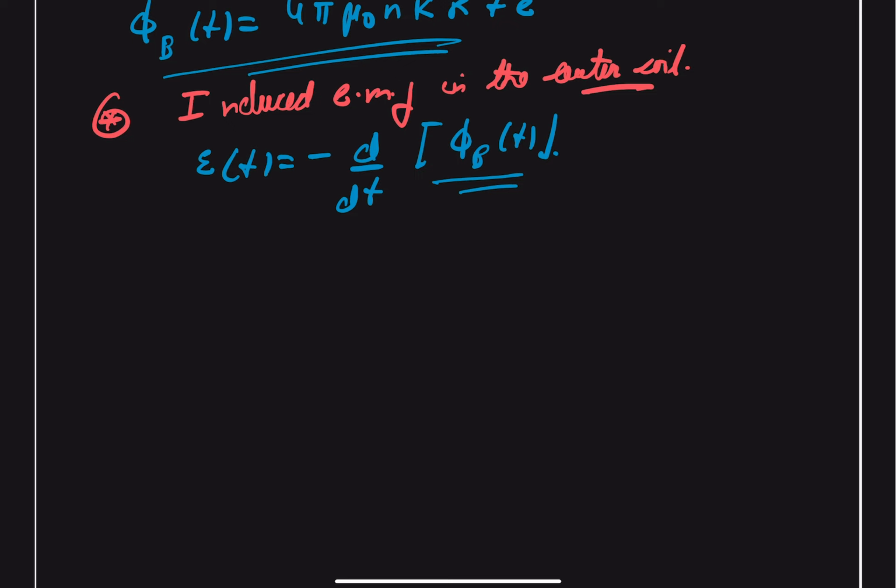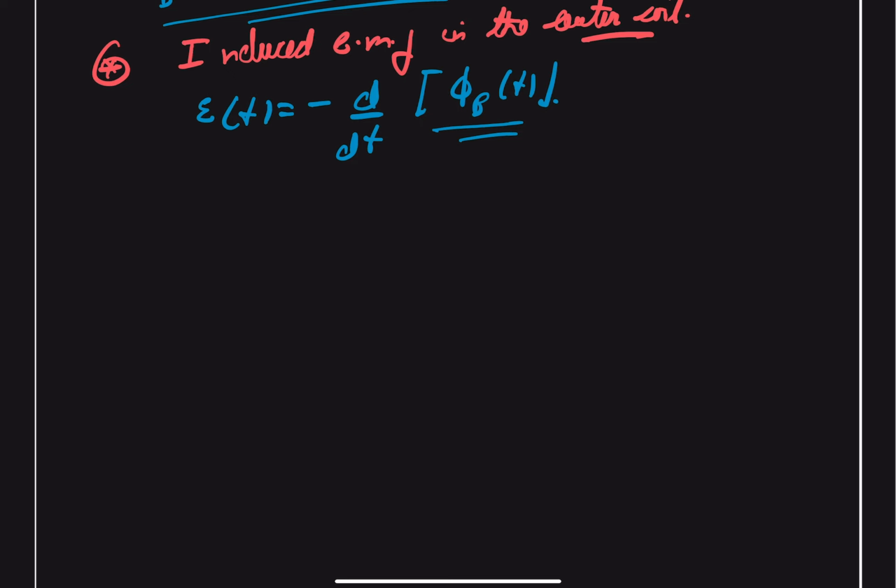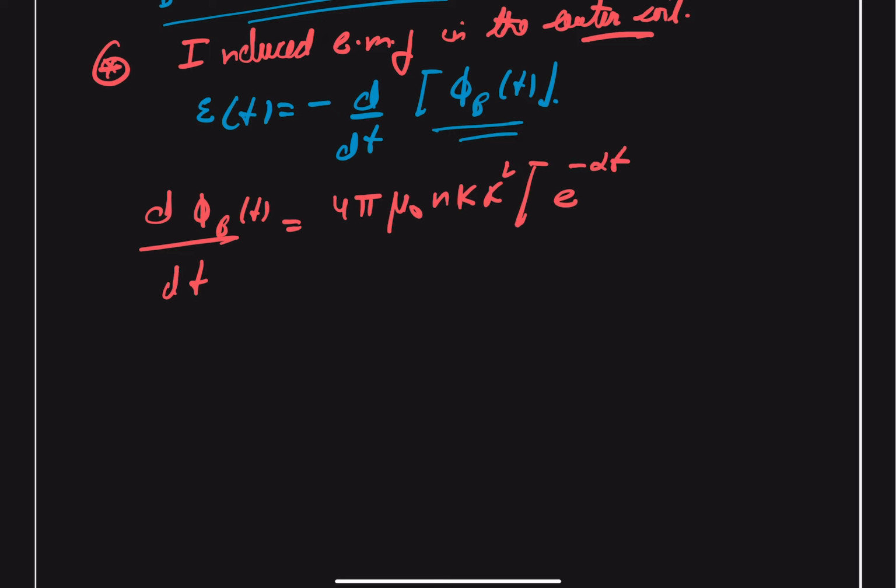So we can say that the derivative of flux with respect to time t will be coming as 4 pi mu naught n k r square, and this will be equal to e raised power minus alpha t minus alpha t e raised power minus alpha t.